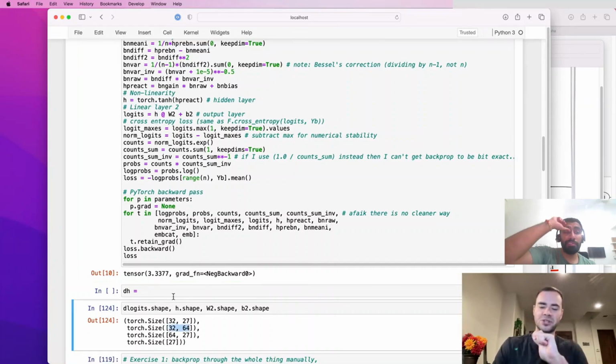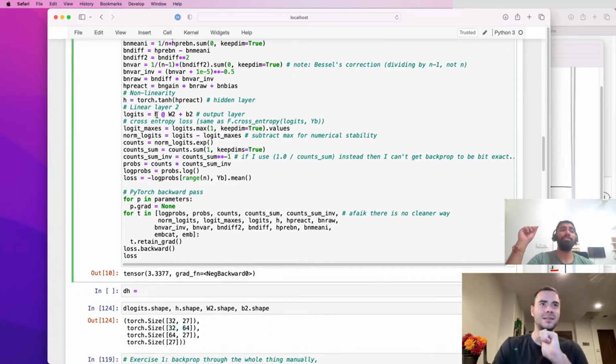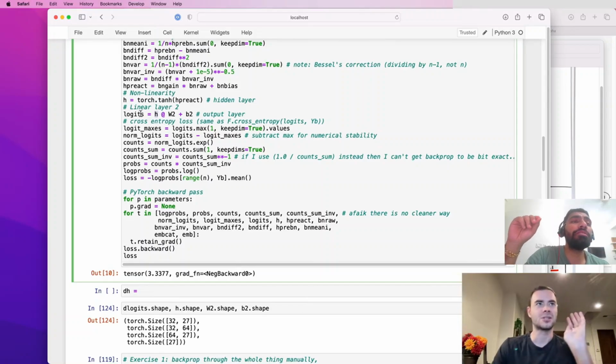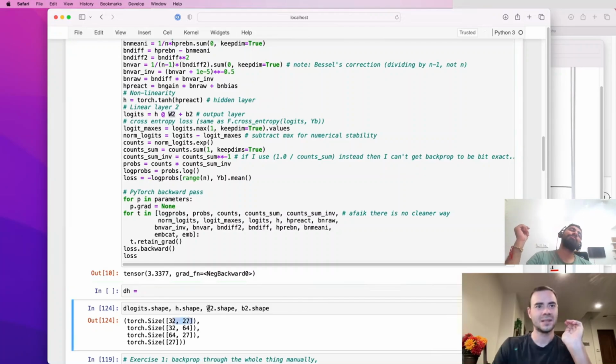The other piece of information I know is that dh must be some kind of matrix multiplication of dlogits with W2. dlogits is 32 by 27, and W2 is 64 by 27. There is only a single way to make the shape work out in this case, and it is indeed the correct result. In particular, here h needs to be 32 by 64.